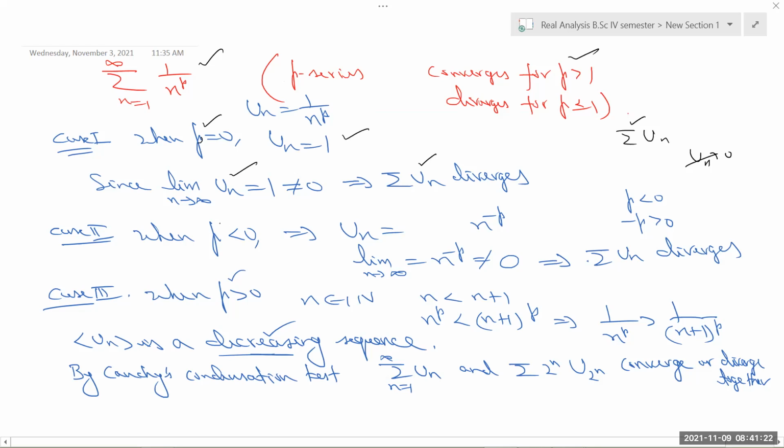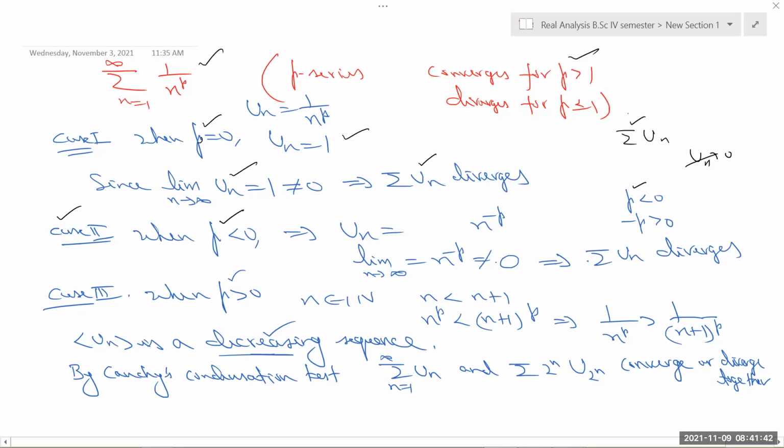Now, what will happen if p is negative? Look at the second case. When p is negative, I can write un as n to the power minus p. Since p is already negative, minus p is greater than 0, so n to the power of some positive number. And look at the limit as n tends to infinity. Again, it is not equal to 0.